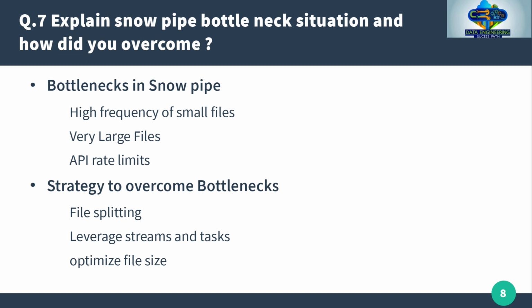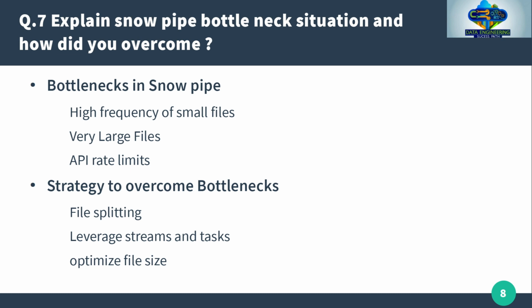We can leverage streams and tasks for managing continuous data loads more efficiently. Consider using Snowflake streams on the stage files. This can help identify new or changed data since the last load operation.